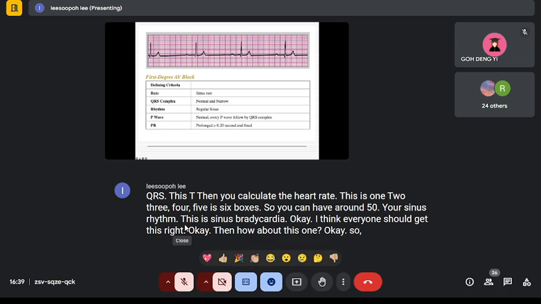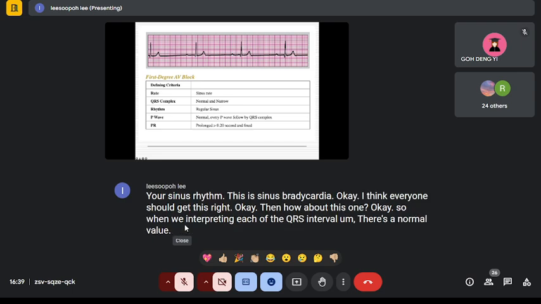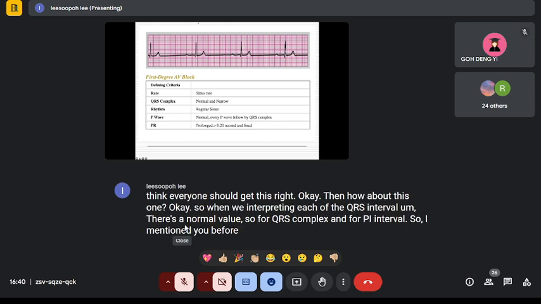Okay, so when we are interpreting each of the QRS interval, there's a normal value, for the QRS complex and for the PR interval. I mentioned before, the P wave comes from your atrial contraction.